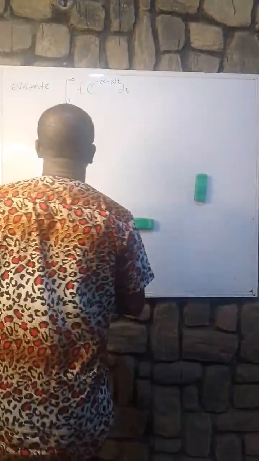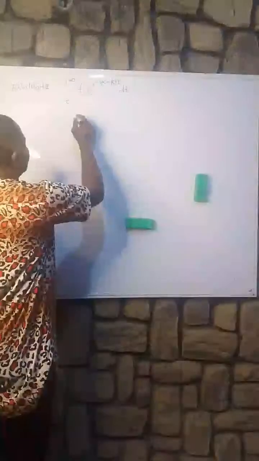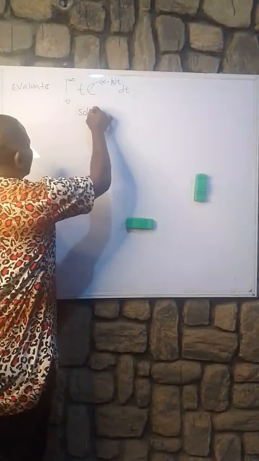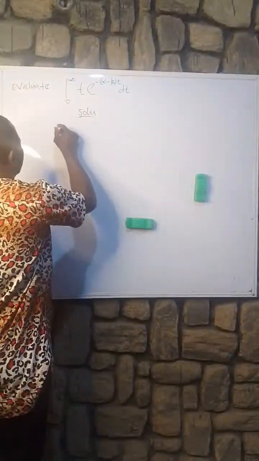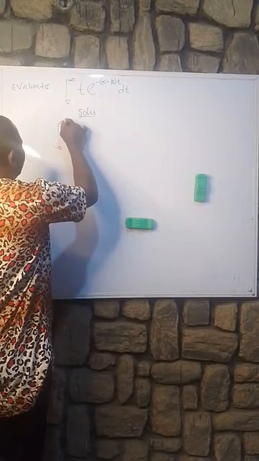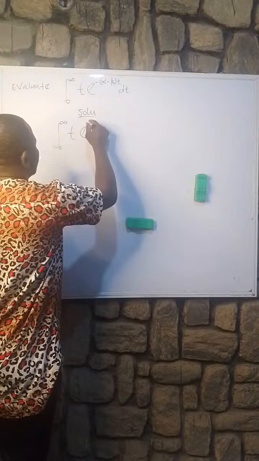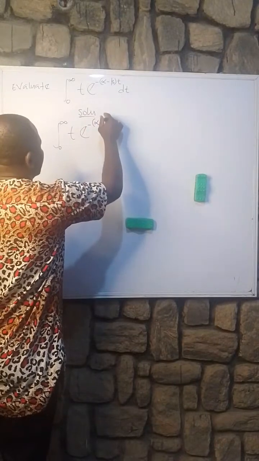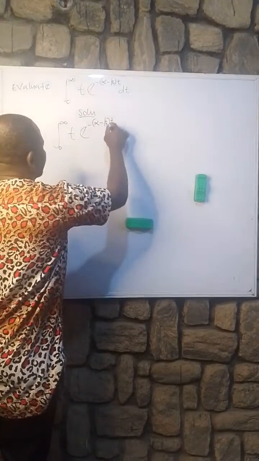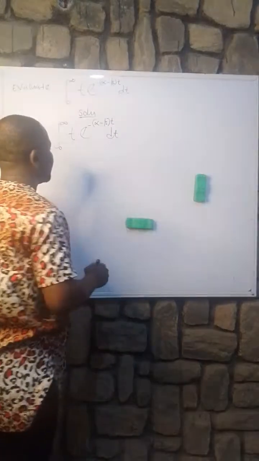Integral 0 to infinity t exponential minus open bracket alpha minus beta close bracket t.